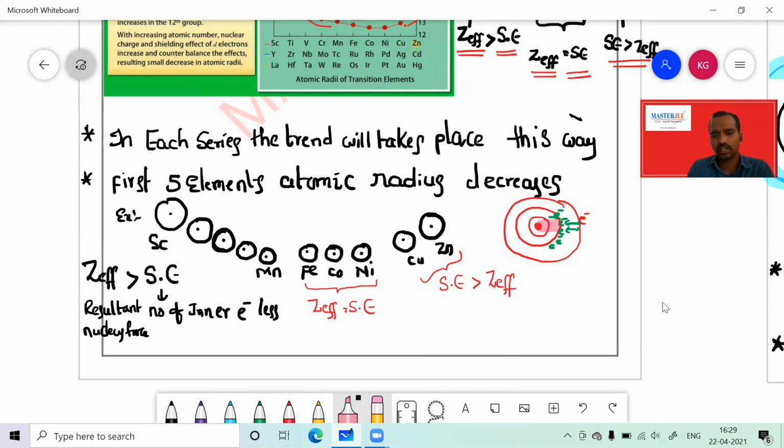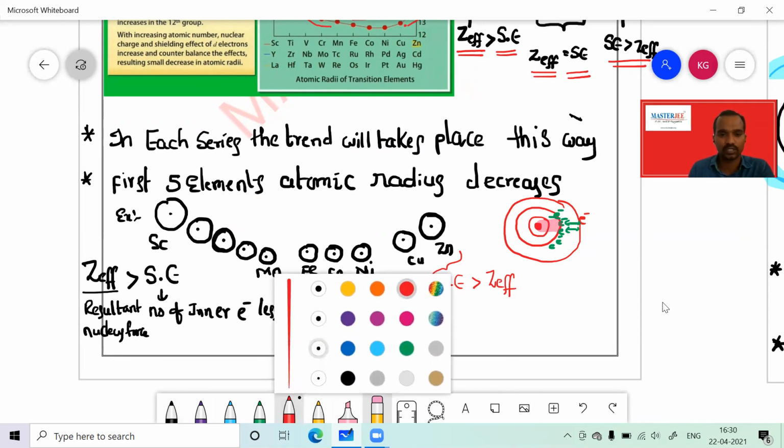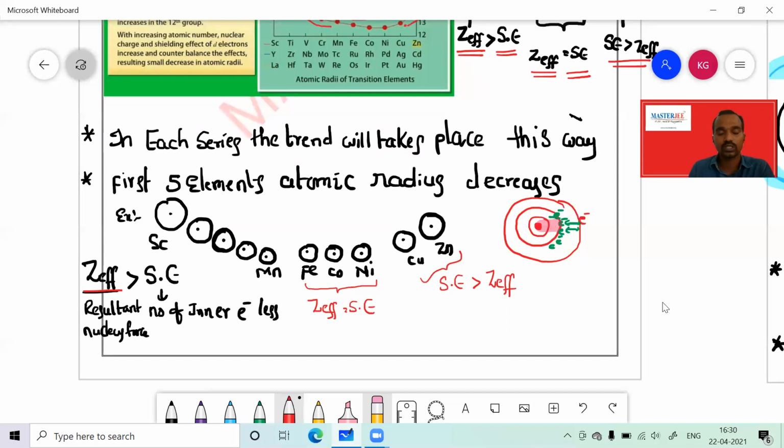After screening, the resultant force that reaches the valence electron is called the effective nuclear charge. So effective nuclear charge is the resultant nucleus attraction force which goes up to the valence electron.